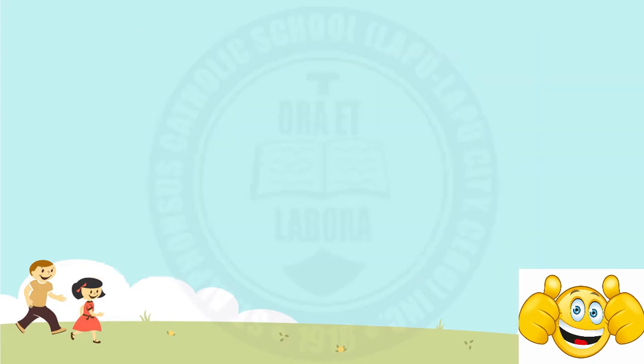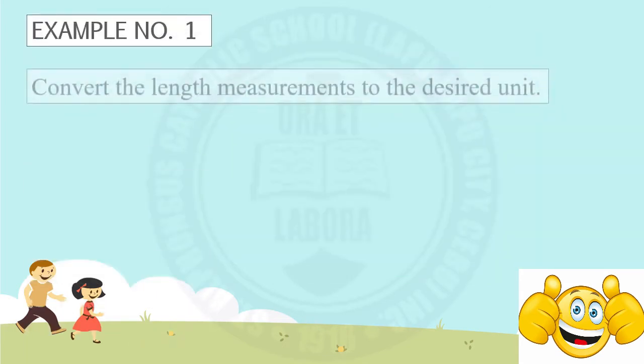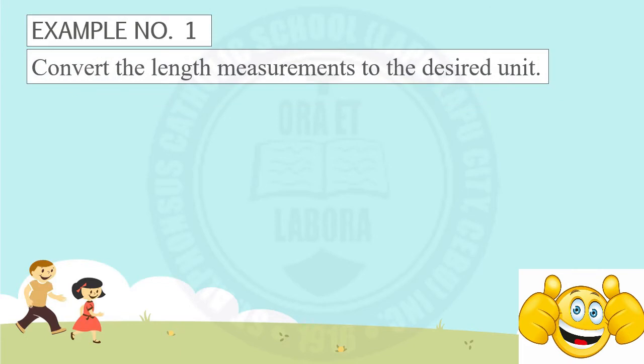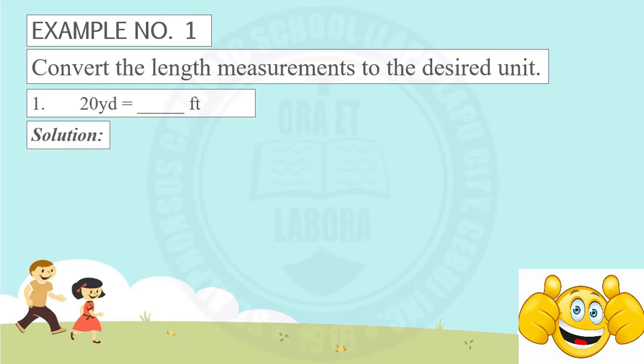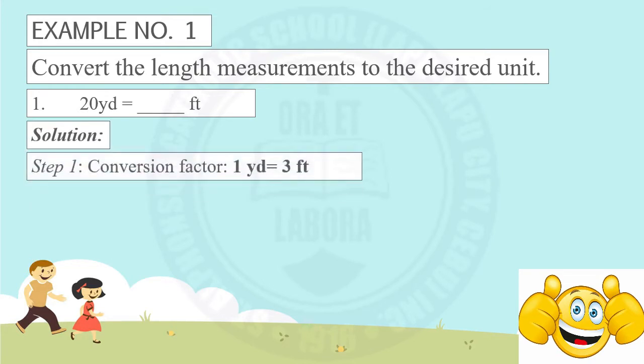Okay. Example number 1. Convert the length measurements to the desired unit. 20 yards is equal to how many feet? Solution. Step 1. Remember, 1 yard is equal to 3 feet.